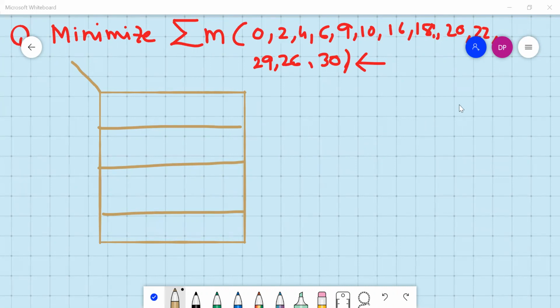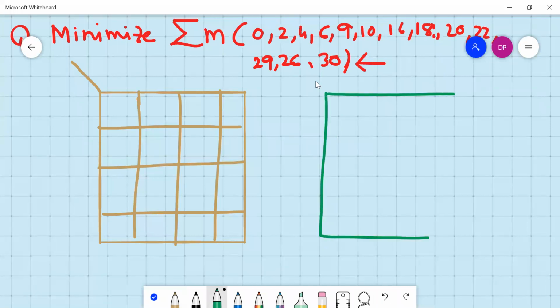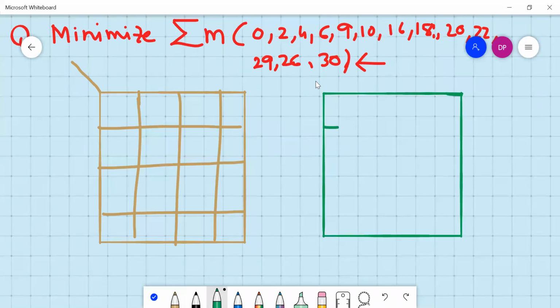Right, then 2, 3, okay, this is 1 and 2, 3, 4.